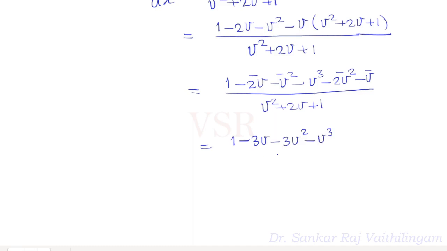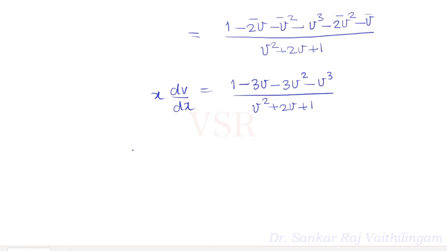Okay, divided by v square plus 2v plus 1. This is x into dv by dx. So what am I going to do with this? We are going for the separable method. So this implies that v square plus 2v plus 1, I may write this below.